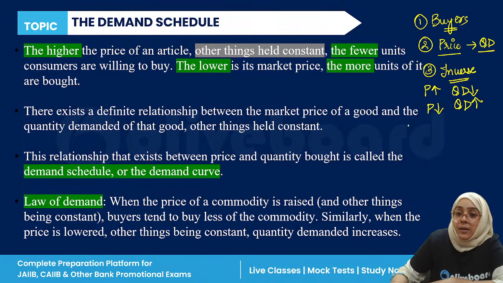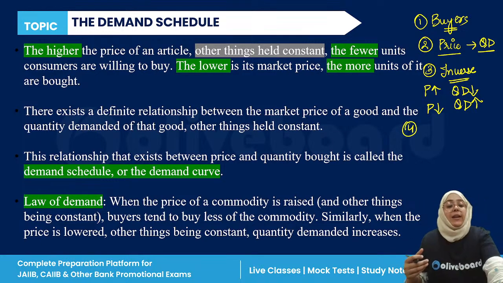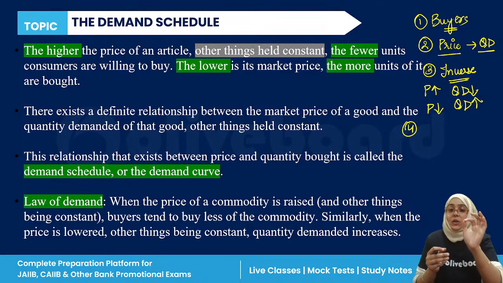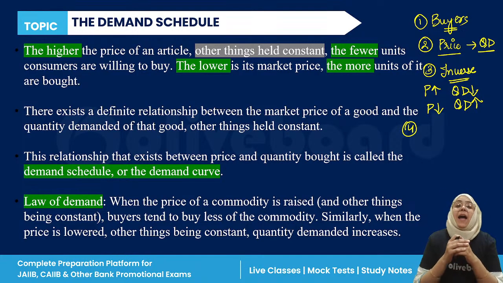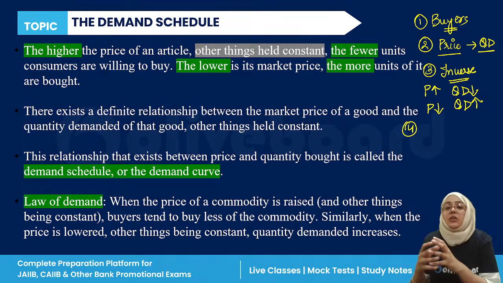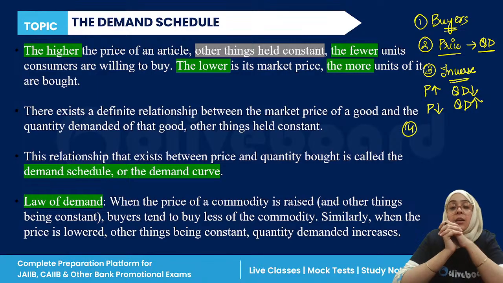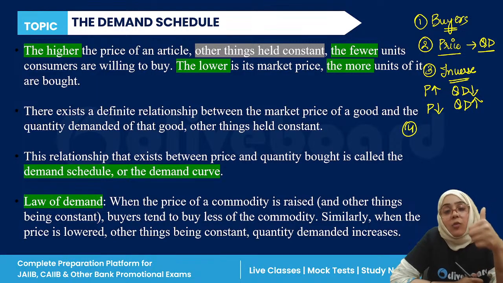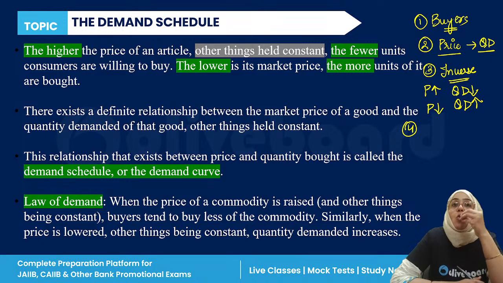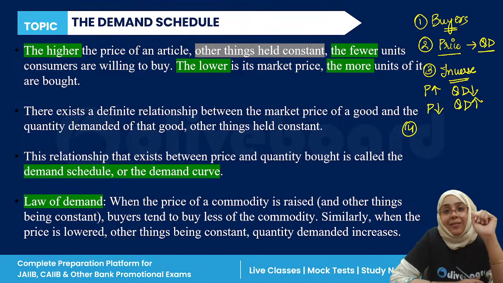Now, the fourth point: when I am going to the market, it is not only the price which I am seeing. Other than price, I am looking at many different factors. For example, if I am going to buy any product, I am seeing the quality of that product, my income, my affordability, the fashion, the weather, etc. Because I am not only responding to the price.